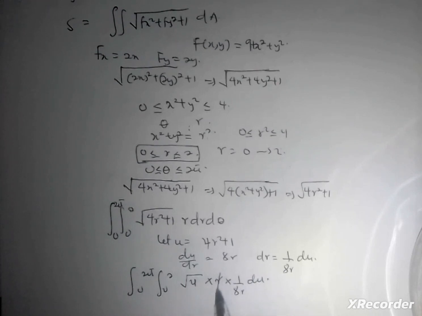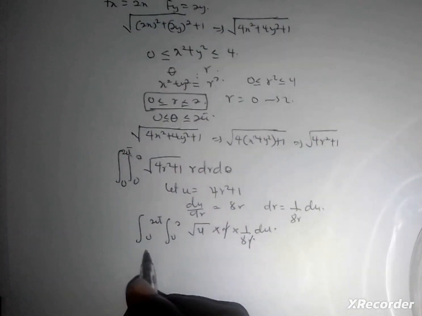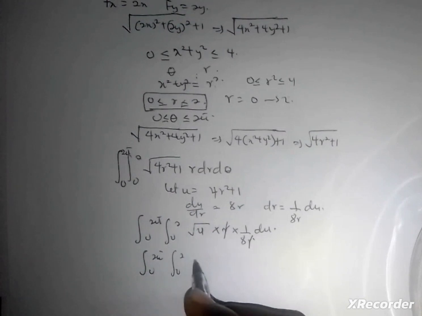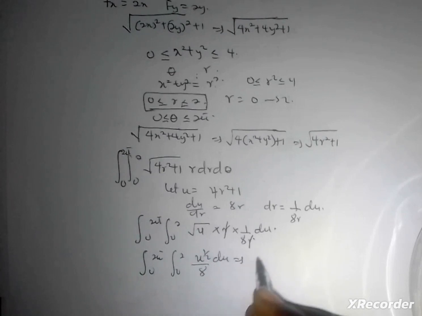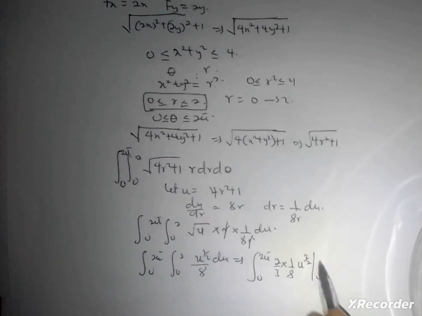The r cancels this r, and I'm going to have integral 0 to 2 pi, integral of u to the power half over 8 du, d theta. Then I'll have 2 over 3 multiplied by 1 over 8, then u to the power 3 over 2, from 0 to 2 d theta.